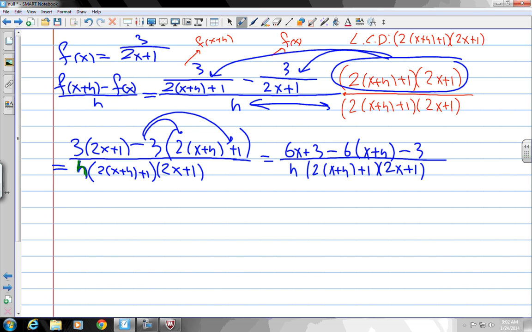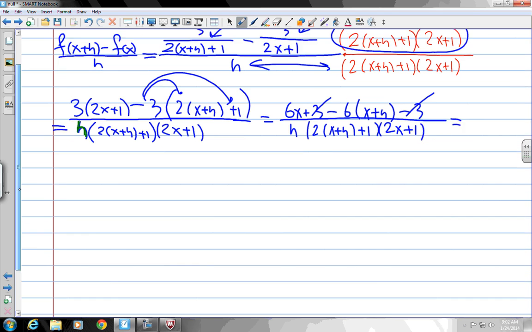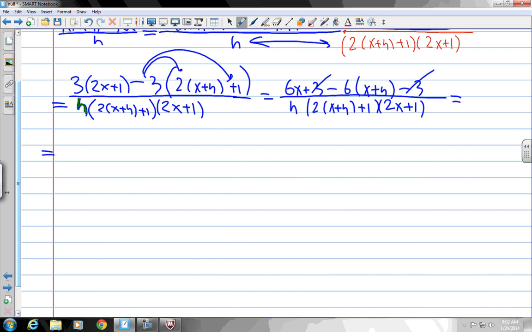So 3's cancel. Distribute negative 6. We'll get 6x minus 6x minus 6h all over h times 2x plus h plus 1, 2x plus 1.